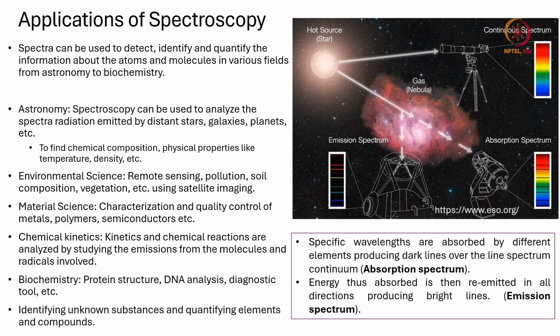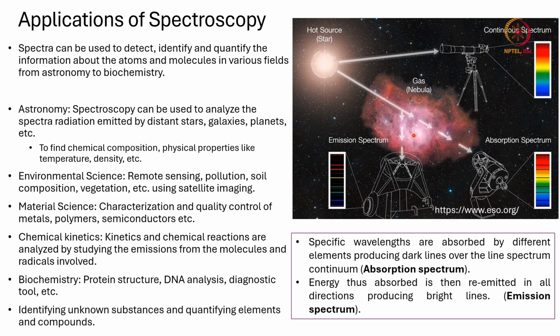As we can see in the picture provided on the right side, the schematic shows that the light that comes directly from a hot source, like a star, when it reaches Earth and the spectrum of that light is captured, probably shows a continuous spectrum. However, when the light from the hot star passes through a gas nebula, which is a dense cloud of gas, this gas absorbs energy from the light as it passes through.